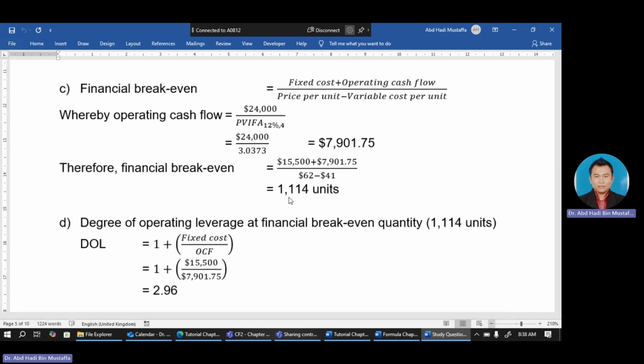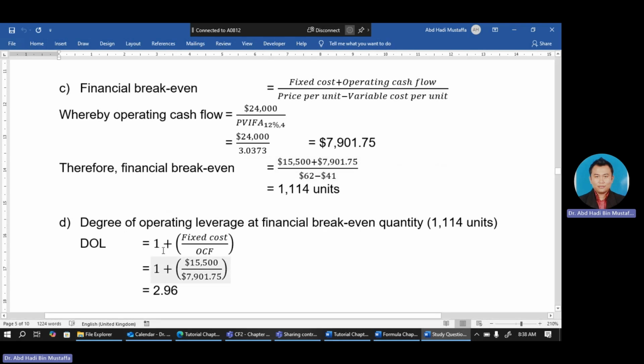Okay, so the last part is to calculate DOL, using this formula: DOL equals 1 plus fixed cost divided by OCF. OCF you already got up here, operating cash flow, which is $7,901.75. Just bring it down and calculate as usual, you will get this value.